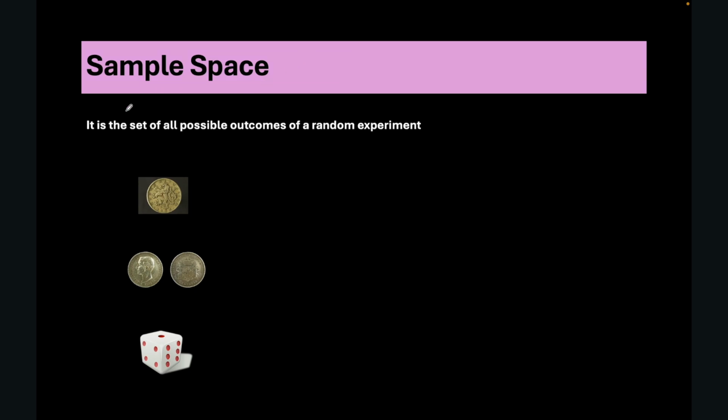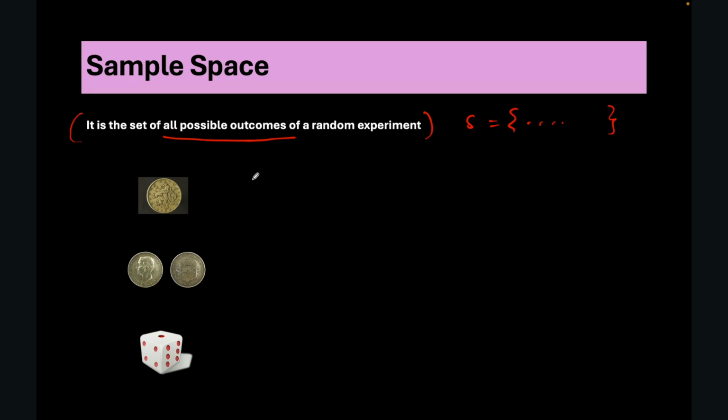So sample space, as the definition says here, is the set of all possible outcomes. It's basically like the chapter of sets, unions and intersections. You create a set with your curly brackets and then list out all the possible situations.